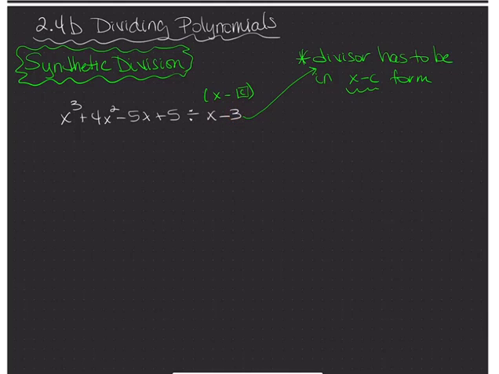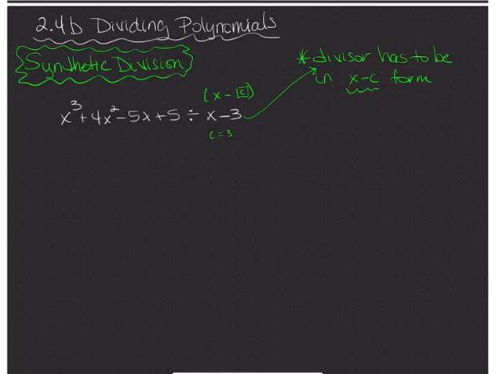So on this one our c is going to equal 3. C equals 3. So this is where that limitation comes in: in order to use synthetic division, you have to have that x minus c form.